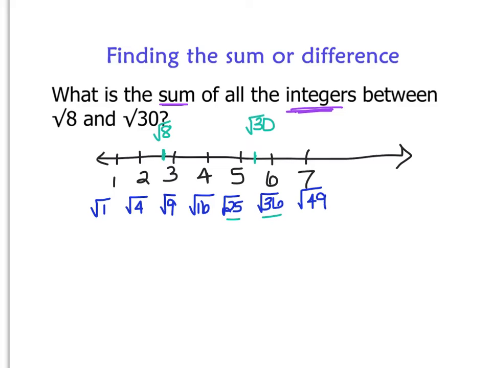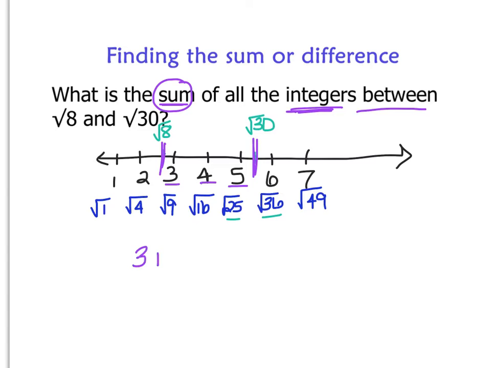So again, I'm looking for the sum of all of the integers between these. So now I'm looking at the actual numbers on the number line, the integers. So I need to go from right here, square root of 8, to square root of 30. What are the integers in between? That's 3, 4, and 5. Those are my whole numbers in between these square roots.